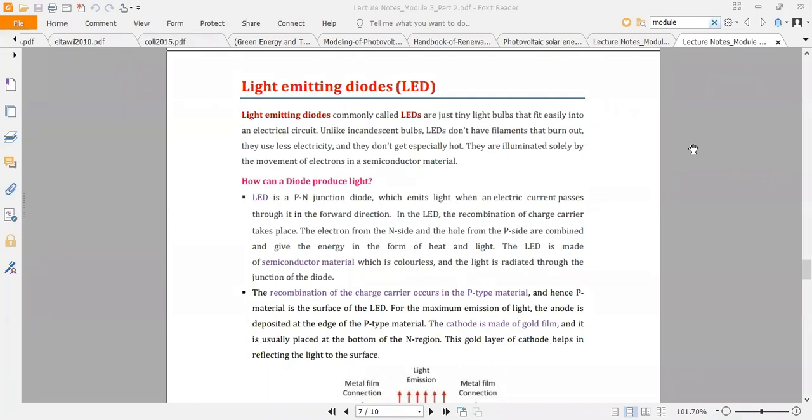In case of the incandescent bulb and fluorescent tube, there is a filament. With the help of the filament, we are able to generate the light. But in case of LED bulbs, there is no filament. Only the diode is present.